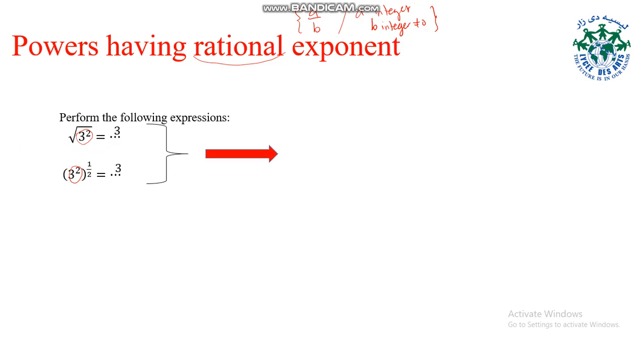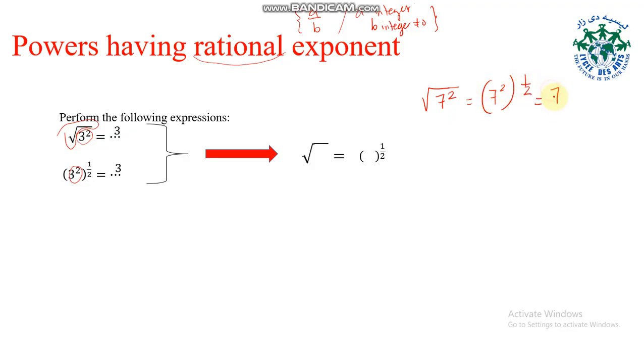We simply can deduce that this radical here is nothing but raising the number to the exponent half. So indeed, if we see radical 7 squared, when we put the radical for the 7 squared, actually we are raising it to the exponent half.